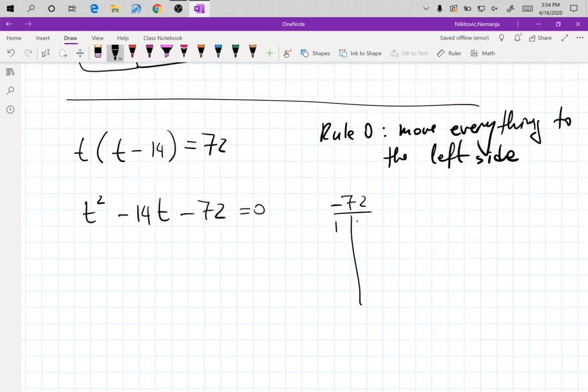So we have 1 and 72, 2 and 36, 3 and 12, 4 and 9, 5 doesn't work, 6 doesn't work, 7 doesn't, well, nothing works.